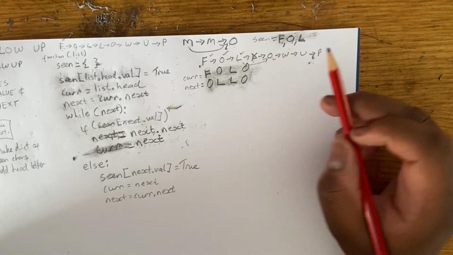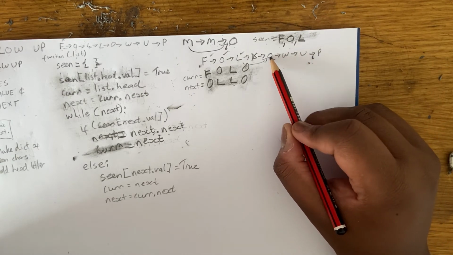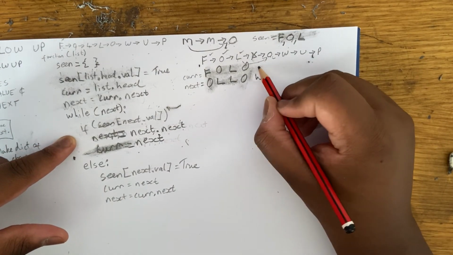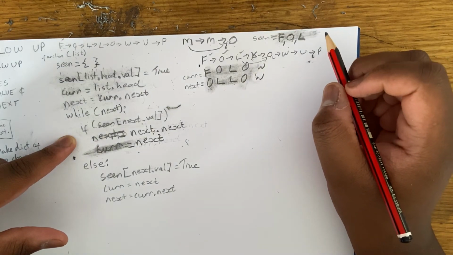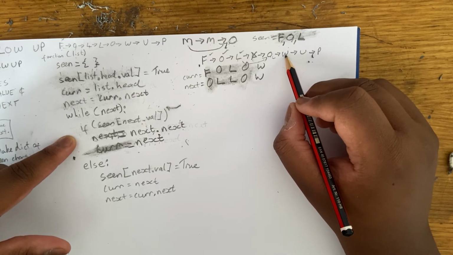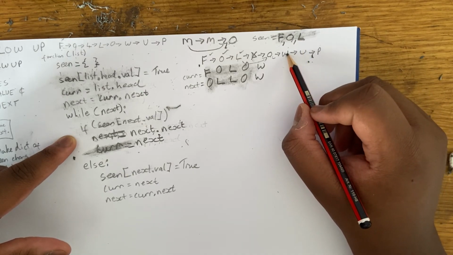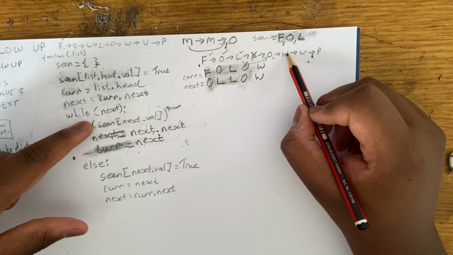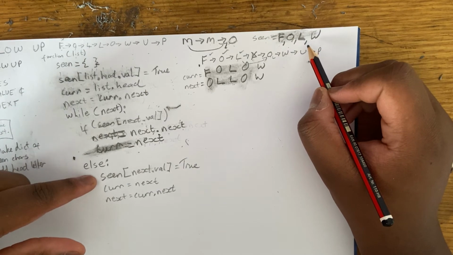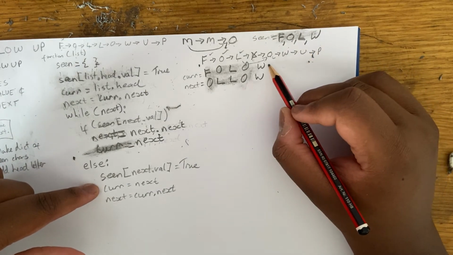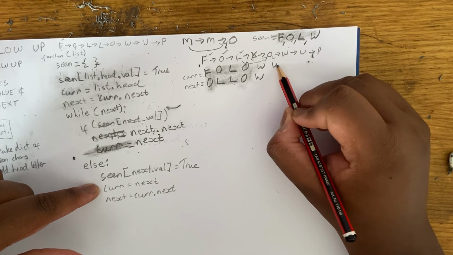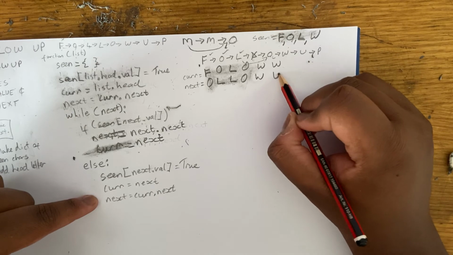Yes, there's an O. So what we do is the next is this W. And with our W, is it there? No. So we're going to put a W in here. Then cur is equal to next, which is W. And the next is U.